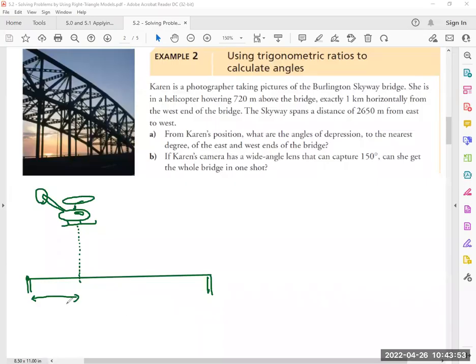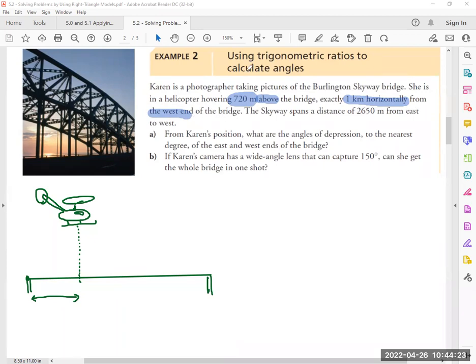Okay, so again, bridge being here, I'll read the question carefully and highlight some of the more important parts. They're taking pictures from a helicopter hovering 720 meters above, and also 1 kilometer horizontally from the west. And the skyway spans a distance of 2650 meters from east to west.